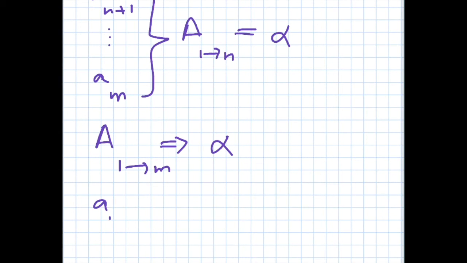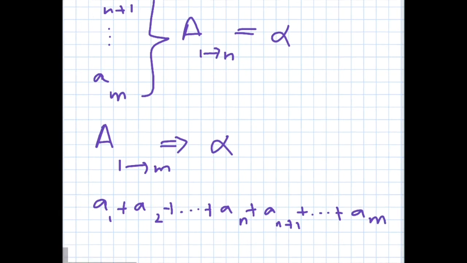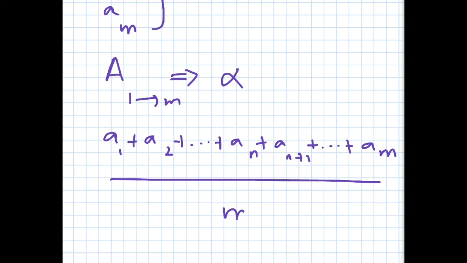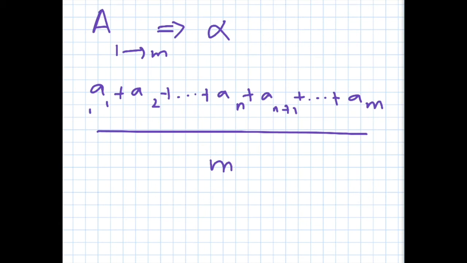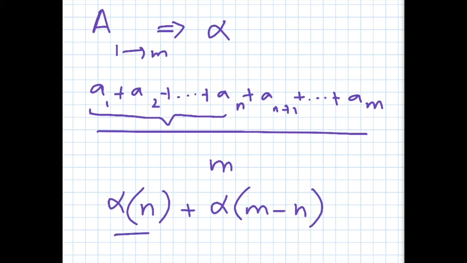This is equal to a1 plus a2 plus up to an plus a(n+1) up to am, divided by m. This sum is alpha times n, because the arithmetic mean of the first n numbers is alpha, and all these are alphas. And how many alphas are there? m minus n, divided by m. So this is equal to alpha.